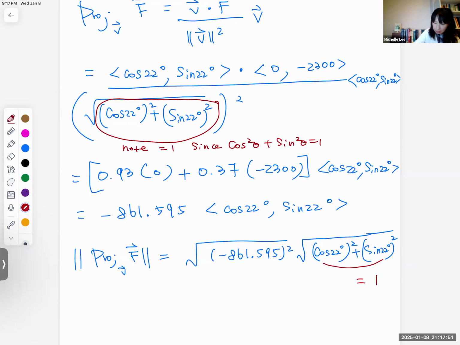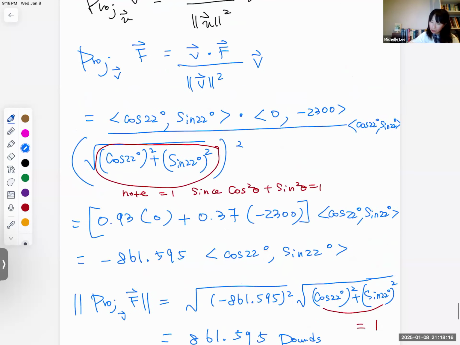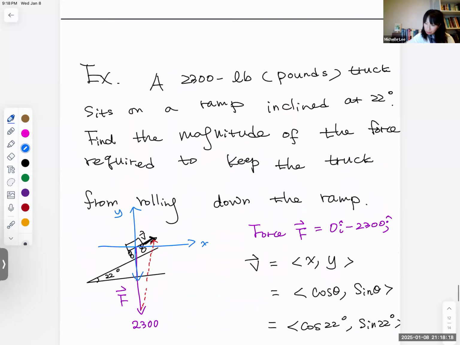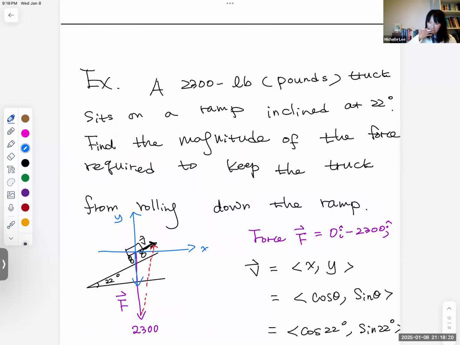That would be 861.595 pounds. That's the pounds notation.